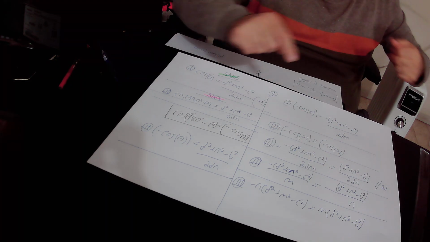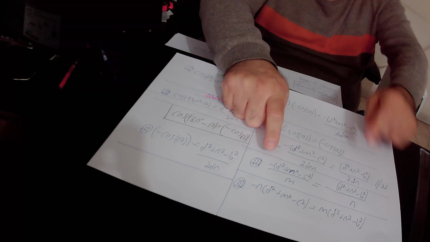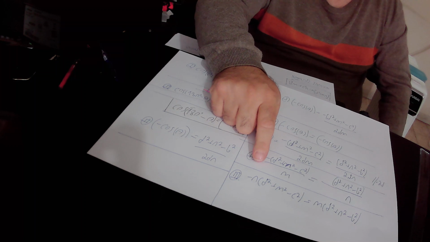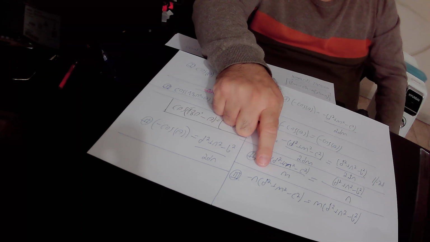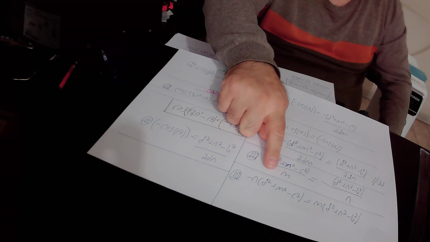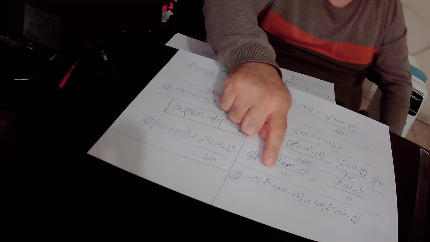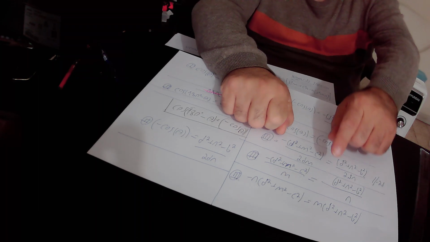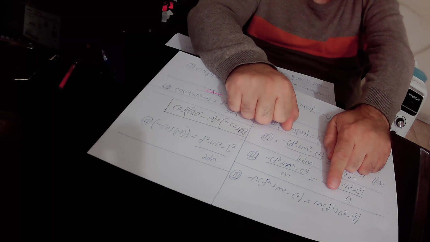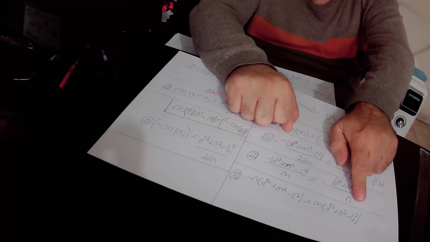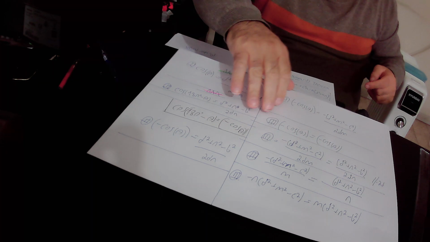Then we open the brackets on both sides of this equation number 3, and on this side we have minus n times d squared is minus nd squared, minus n times m squared is minus nm squared, and finally minus n times minus c squared is plus nc squared. Then we opened the brackets on this side of equation number 3 and found out that m times d squared is md squared, m times n squared is mn squared, and finally m times minus b squared is minus mb squared.